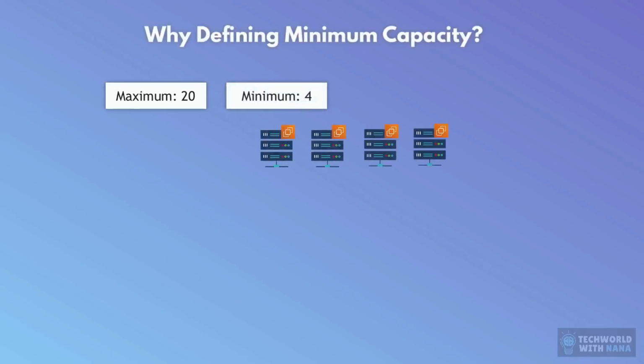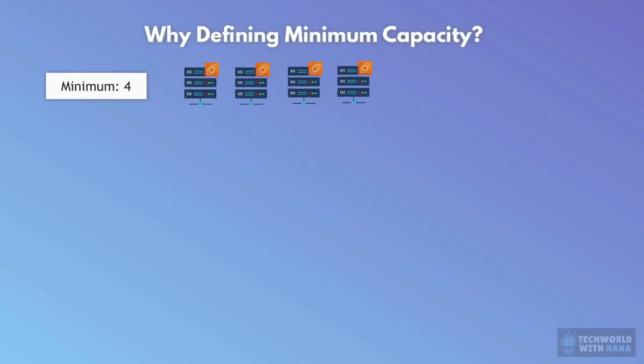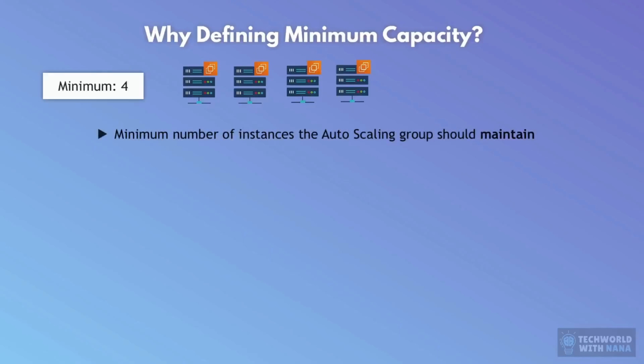And if we have a maximum limit of 20 instances, we may also want to have a lower limit and set a minimum capacity of 4 instances, for example, which will ensure that we always keep at least 4 instances running at all times.